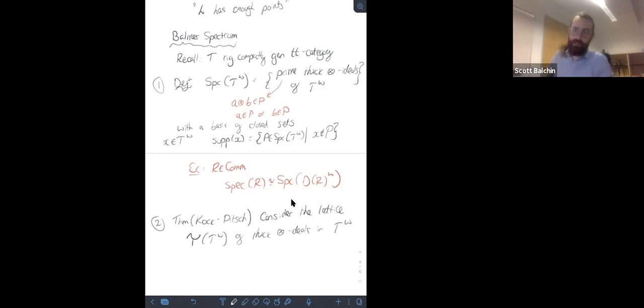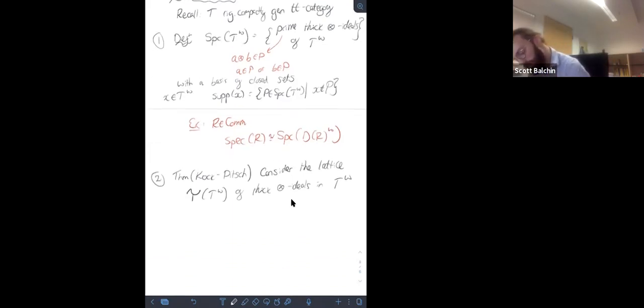Okay, so this thing is a lattice. And what do they show? Then this curly T omega is a coherent frame. So they show us a coherent frame under the assumptions I've given.